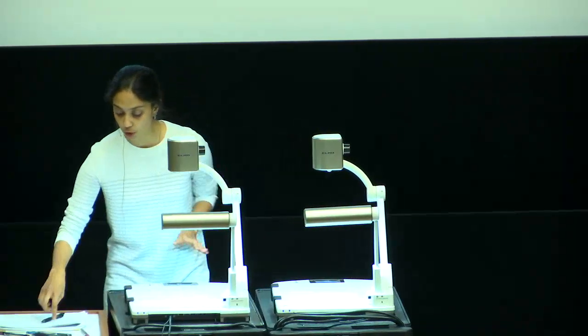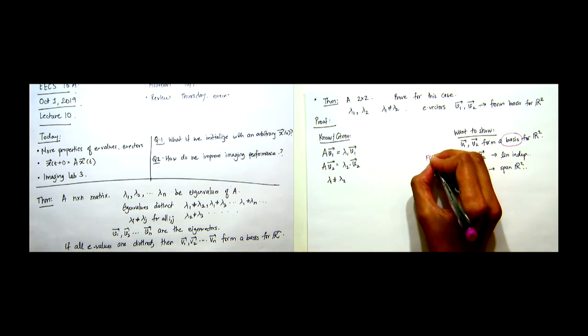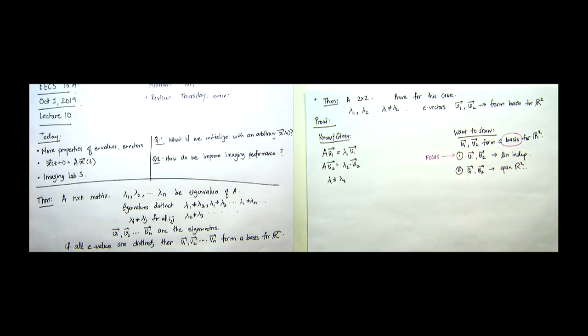Okay, so now you know that what you want to focus on is this condition. You want to show that V1 and V2 are linearly independent. So what have we said when we're talking about things where you want to show something is linearly independent, or something is not invertible? When you have this kind of negation, what is a trick that we've seen that can be useful?